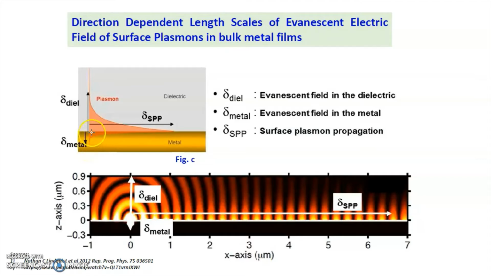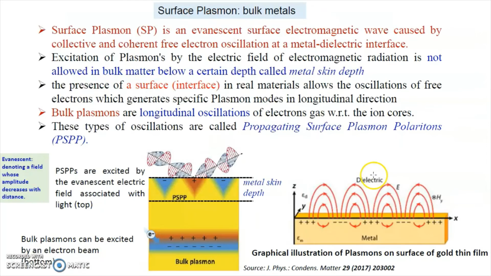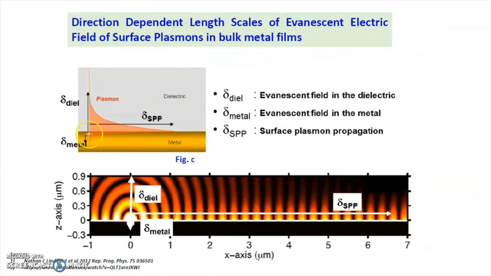It means inside the metal an electric field is generated. Inside the surface of the metal, the electric field is generated. That is nothing but the metal skin depth. So you can see this is delta metal, that is the evanescent field in the metal.